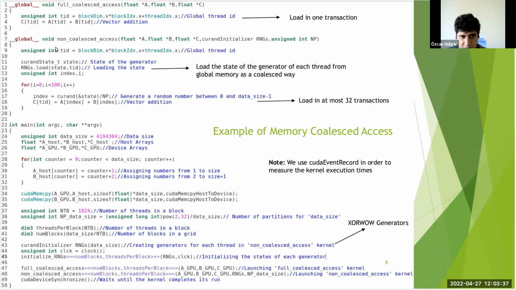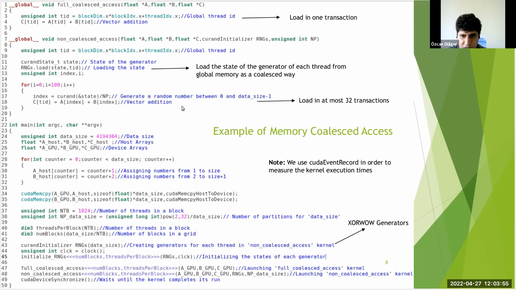In the second kernel, the non-coalesced access kernel, the load operation of a warp will perform at most 32 transactions, since it accesses the memory randomly.